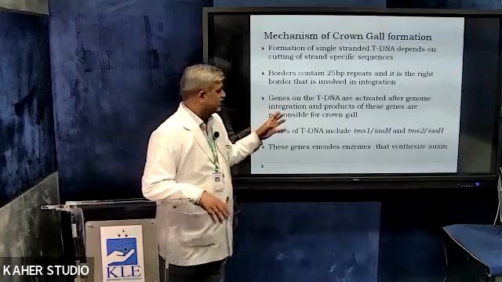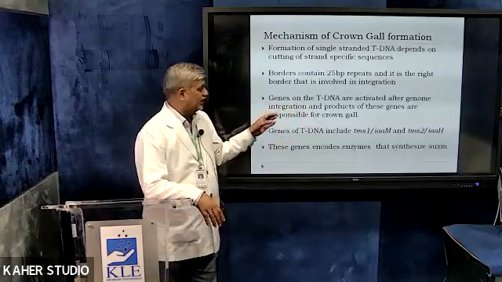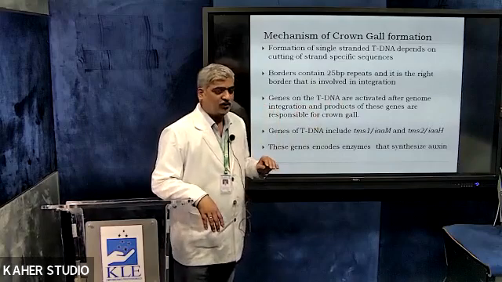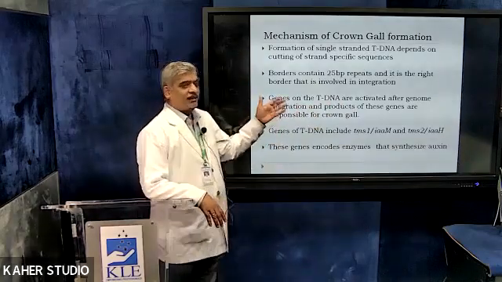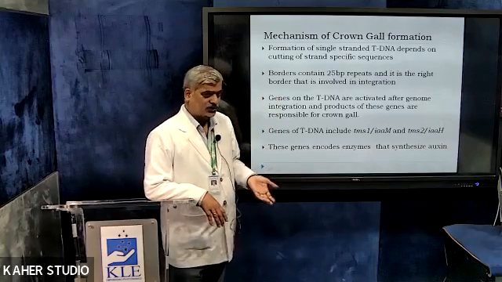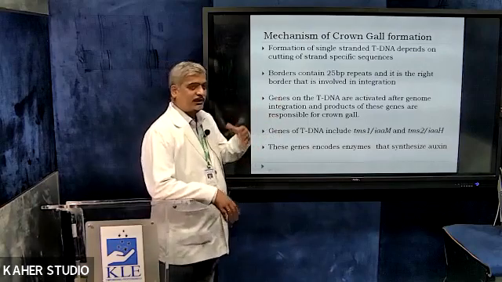The genes on the T-DNA are activated after the genome integration and produce the genes that are responsible for the crown gall. In a similar way, the unwanted genes are removed and the wanted genes are introduced into the T-DNA. Therefore, we can get the desired trait into the plants.